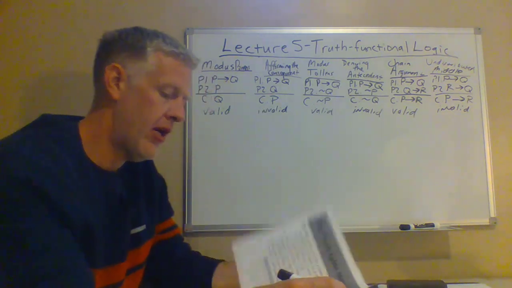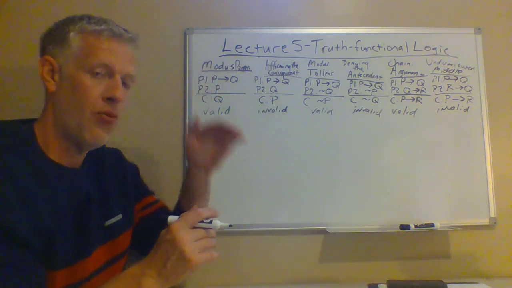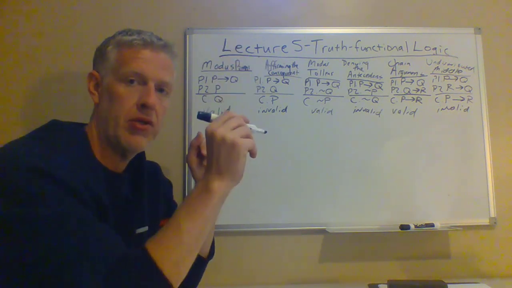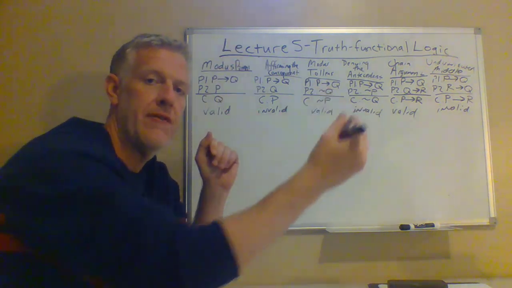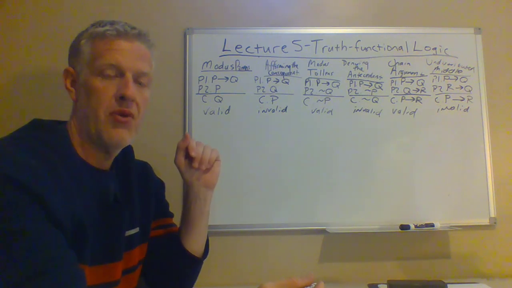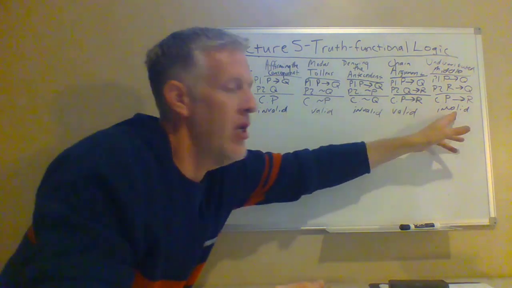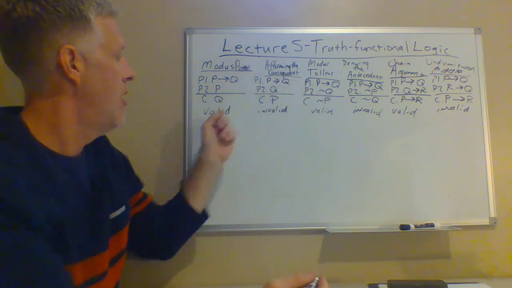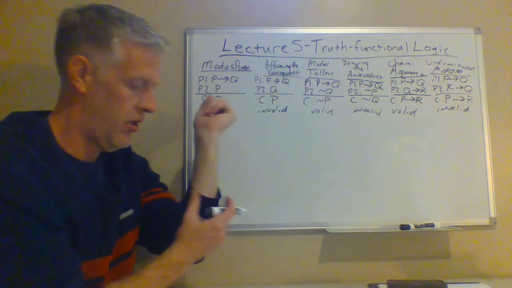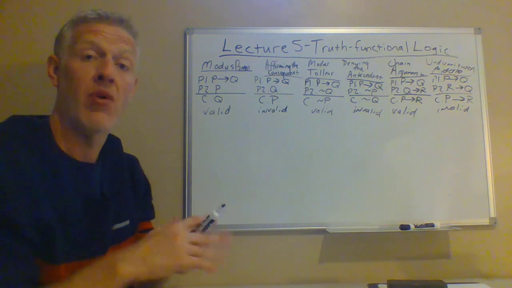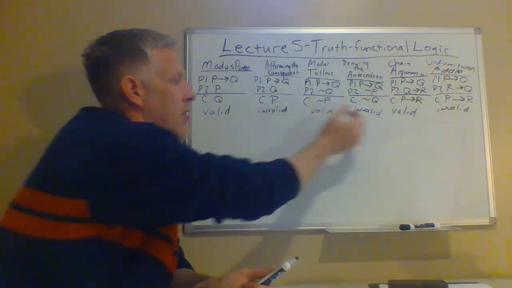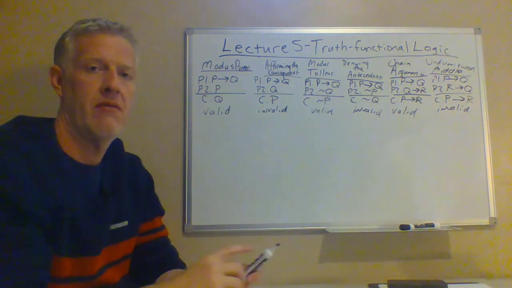So more specifically, is there a possible scenario in the truth table where the premises are all true and the conclusion is false? We'll see that in these cases there will be such a row, but in these there will not be. That is what enables us, using the truth table method, to figure out that these are invalid and that these are valid.